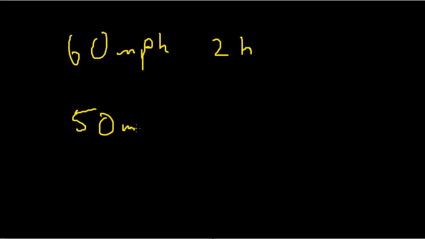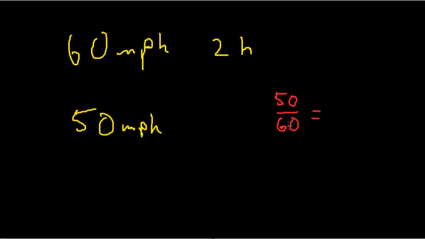Say for example, I drove 60 miles per hour for 2 hours. How long then would it take me to go that same distance going 50 miles per hour? I can create my proportion here, now making sure to compare similar measurements. So the miles per hour are going to go on the same side, my 50 to 60.